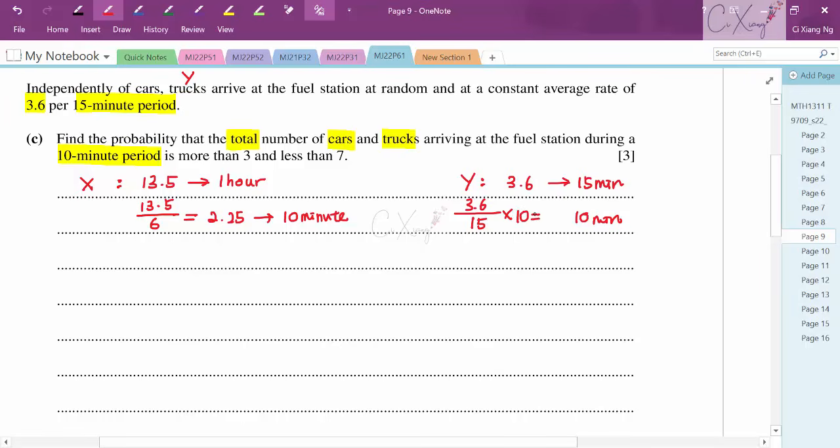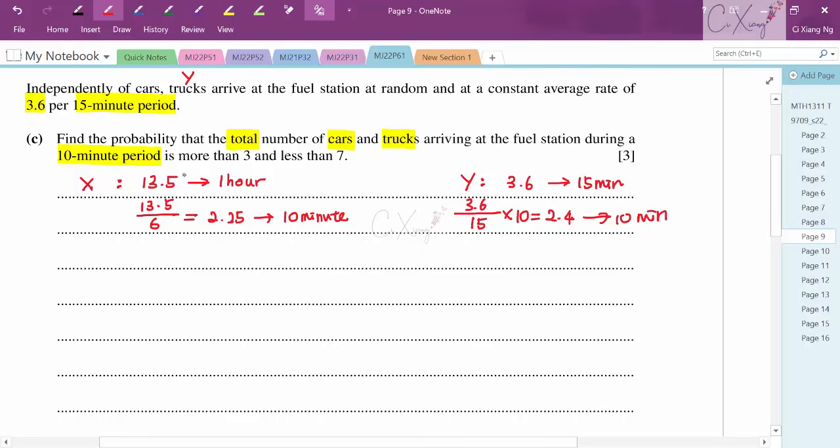So use some small calculation on ratio. You take 3.6 multiplied with 10 divided by 15. So we get a nice value also, which is equals to 2.4. So maybe I write like this. It is equals to 2.4, which is for a 10-minute period.